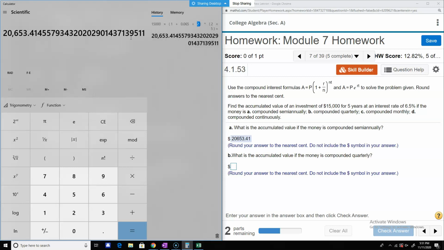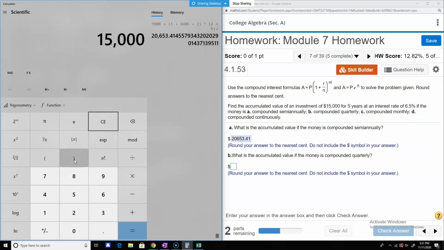I don't know if this is kind of a silly calculator, so it's not super interactive. I don't think you can actually alter this top line where it's showing all of your actual computation. Yeah, I don't see a way to do that on this scientific calculator. Probably on other ones you can. So we'll clear. We'll do the next line.